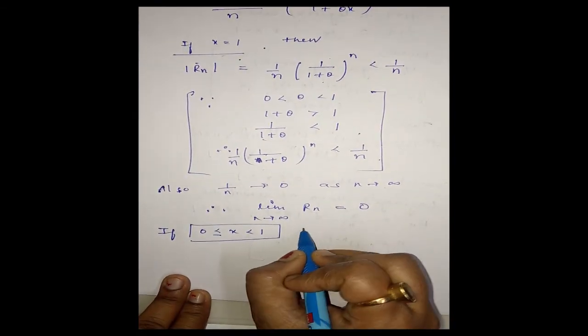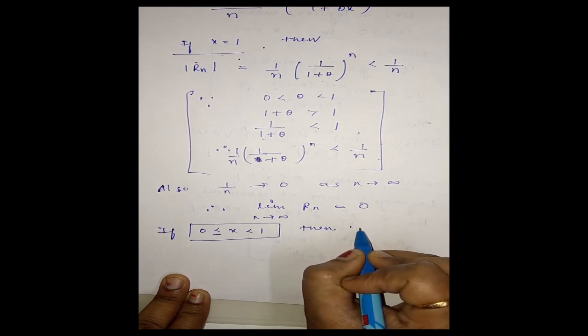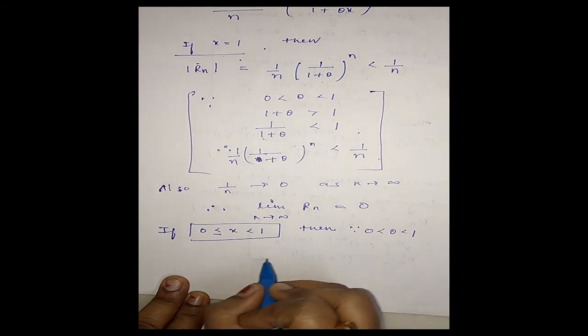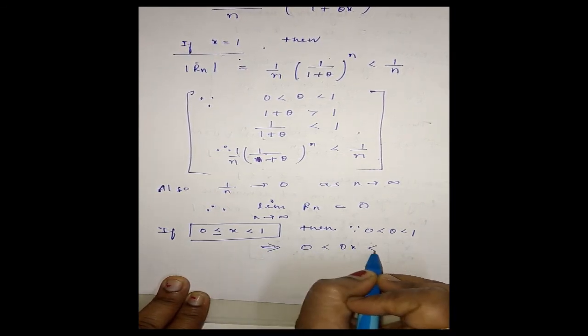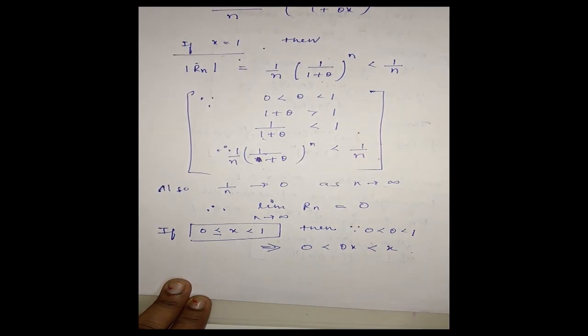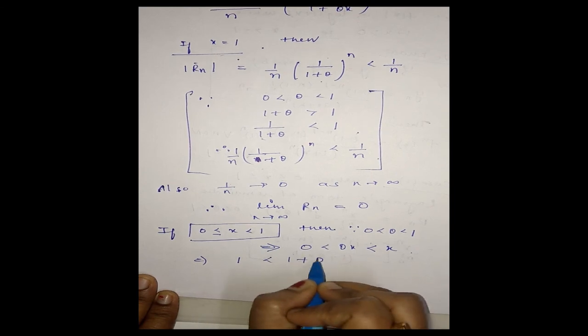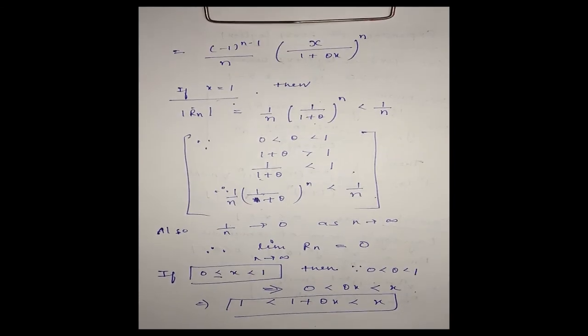Okay, now then, since theta lies between 0 and 1, this implies, on multiplying by x and adding 1, we have this inequality.